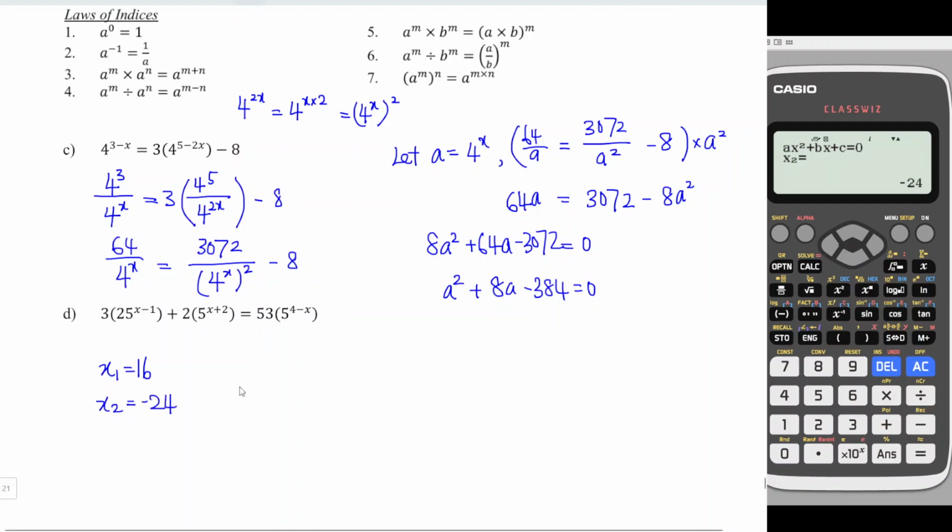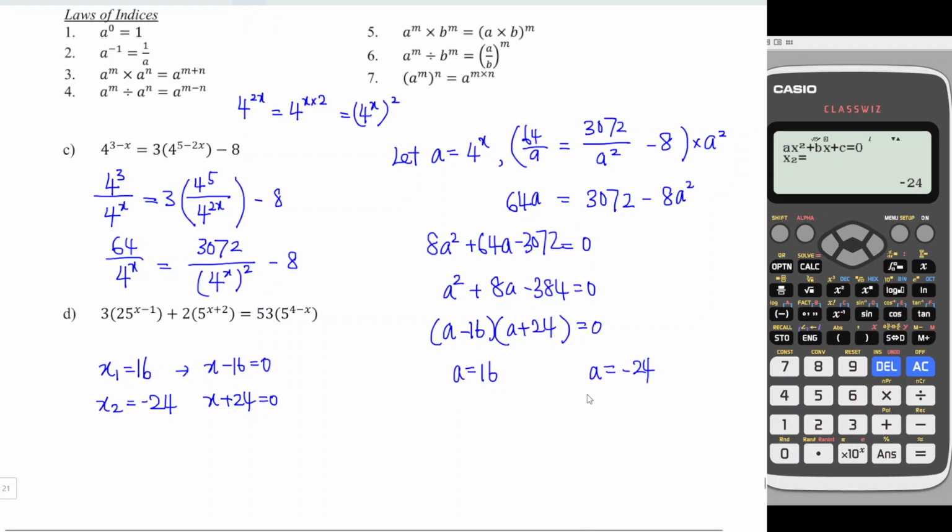If you want to write the steps, we can write a minus 16 equal to 0, a plus 24 equal to 0. So we have a minus 16 times a plus 24 is equal to 0. So from here, a is equal to 16 and a is equal to negative 24.